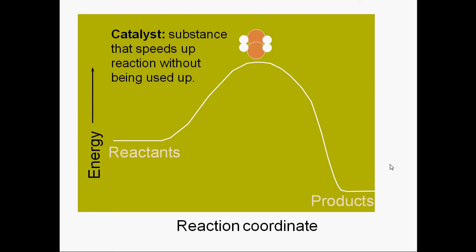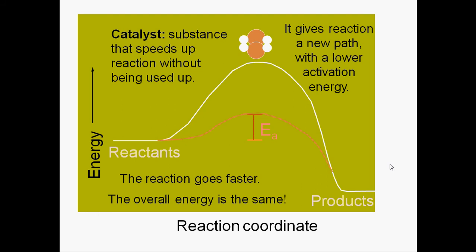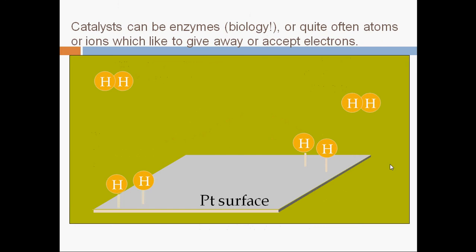To go back to our hill analogy, you could almost think of a catalyst as something that bulldozes a new path through the middle of the mountain for our reactants to get through. So basically it decreases the amount of activation energy required to get our two substances to collide with each other. And that lower activation energy, the less energy it takes, the faster our reaction can proceed. So let's just look at an actual example of this.